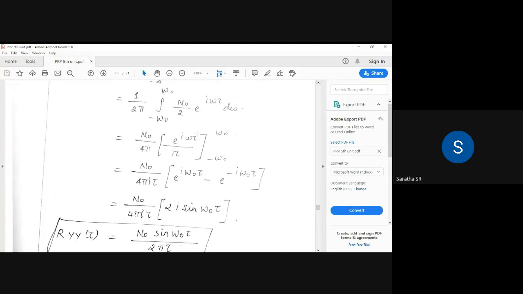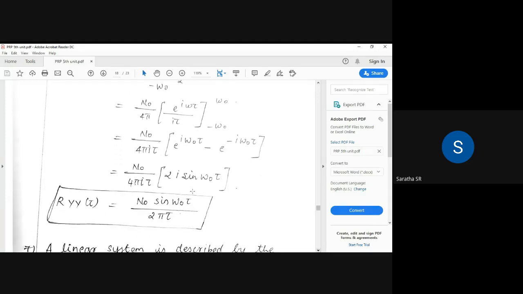Then you apply the limit. You know that e power i theta minus e power minus i theta can be written as 2i sine theta. The same way we got 2i sine theta, here omega naught tau. Here we got 4 pi i tau. Then 2 will be cancelled, i will be cancelled, and the remaining is the answer for Ryy of tau.